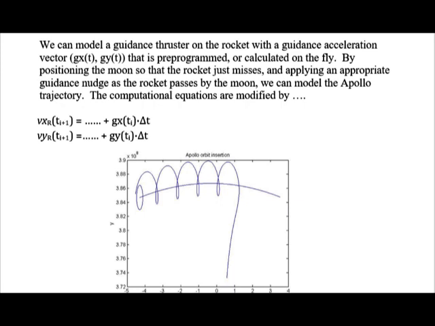The computational equations are modified by adding the velocity changes due to the guidance acceleration directly as shown. Then we determine gx and gy by trial and error. An acceleration in the minus y direction, effectively slowing the rocket down just as it passes by the moon, does the trick.